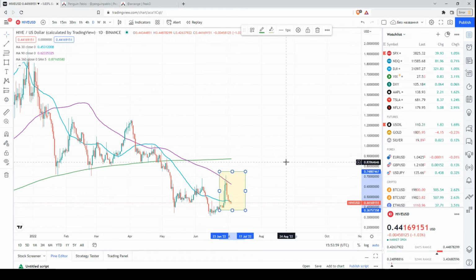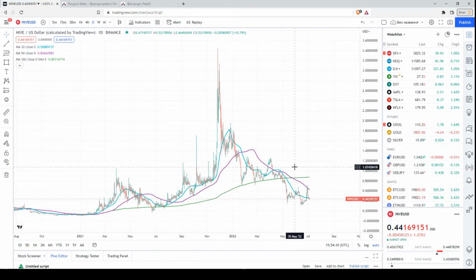So of course this is something positive if we compare it with this decline here. But once again, I don't want to say that this is a clear or reliable bullish signal. I just want to underline that most technical patterns hint at some potential, let's say, support here.